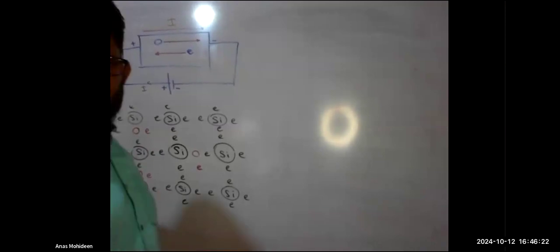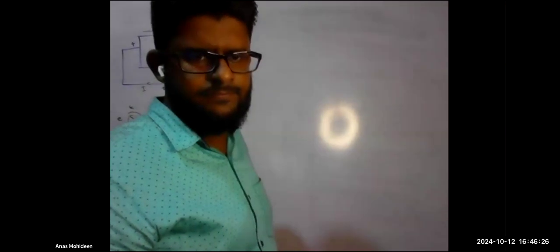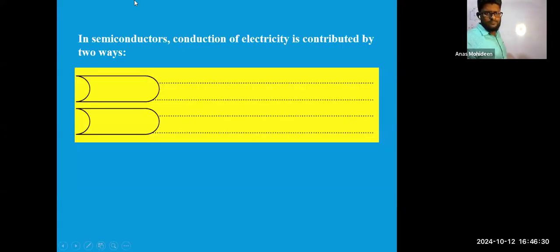In semiconductors, conduction, this part. You can copy it. We'll note this down.